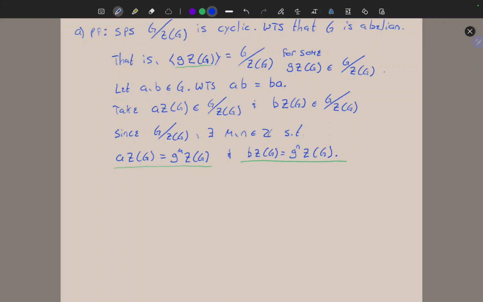Well, we can say that a can be written as g to the m x for some x in the center. And similarly, b can be written as g to the n, and we'll use y, for some y in the center.